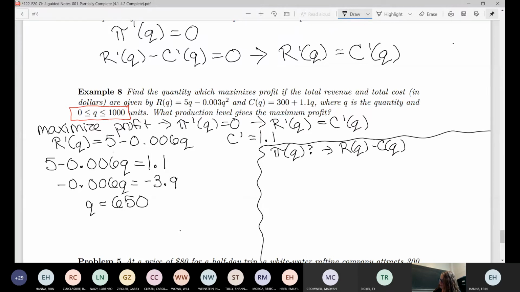Again, we still don't need to actually find the profit equation. So we'll have Q equals 0, Q equals 650, and Q equals 1,000. So we'll need revenue of 0 minus cost of 0.